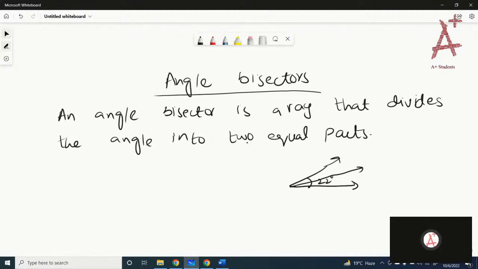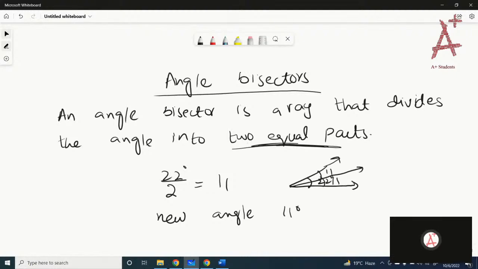As you can see by the definition, an angle bisector is a ray that divides the angle into two equal parts. That is a very important point, equal parts. So when you have 22 degrees, you divide it into two parts. 22 divided by 2 is 11. That means the original angle is 22 and the new angles measure 11 degrees. This one is 11 and this one is 11, and collectively they make 22 degrees. Got it? Okay, good.